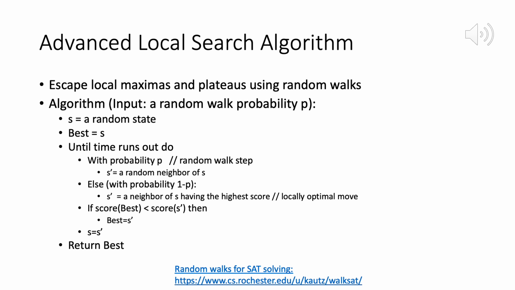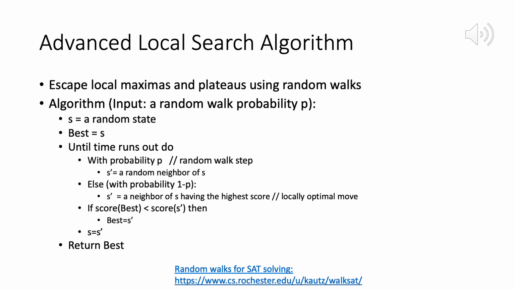The advanced local search algorithm, which uses random walks, is given on the slide. The algorithm takes as input a probability p, okay, as compared to the previous algorithm which did not take as input a probability p.